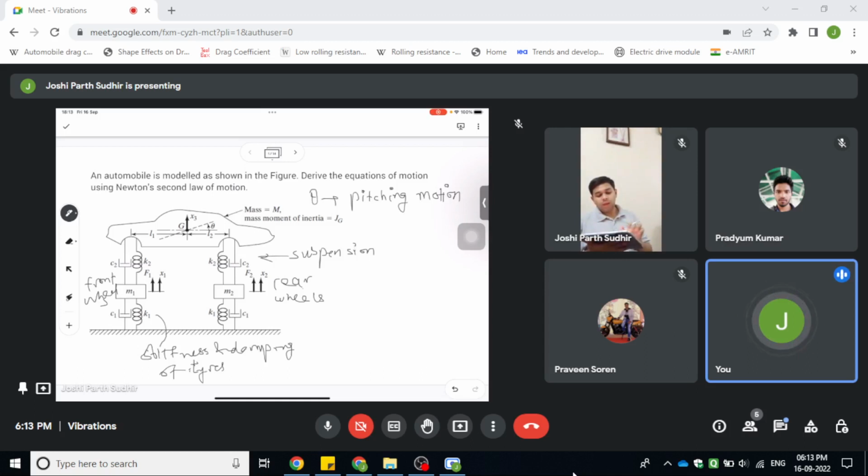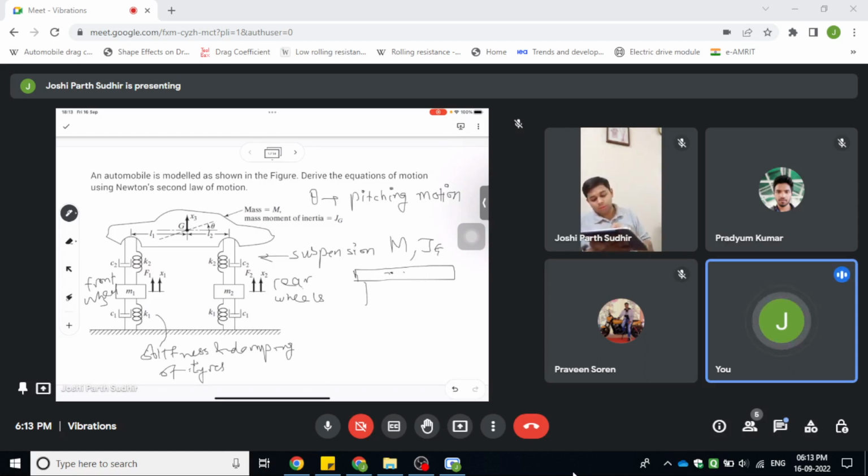So if we have to slightly simplify this system, then we can just write this system in this way. We will just replace the car body with a single bar. Let us say it has the same mass and moment of inertia Jg, and then the rest of the system will remain the same.